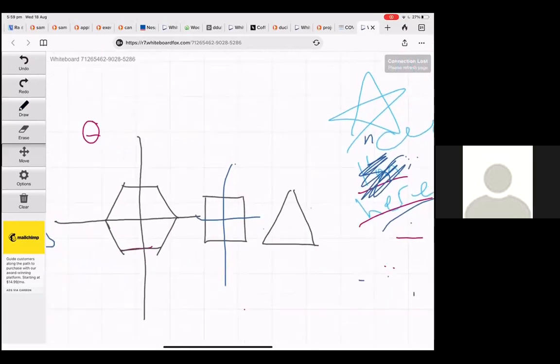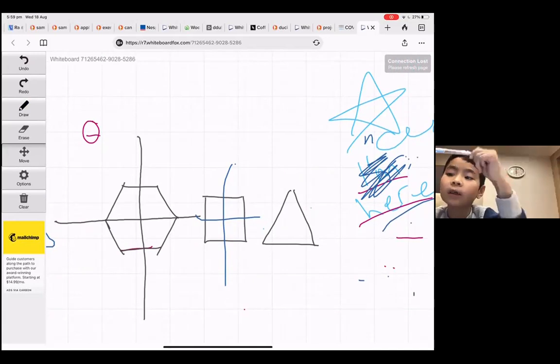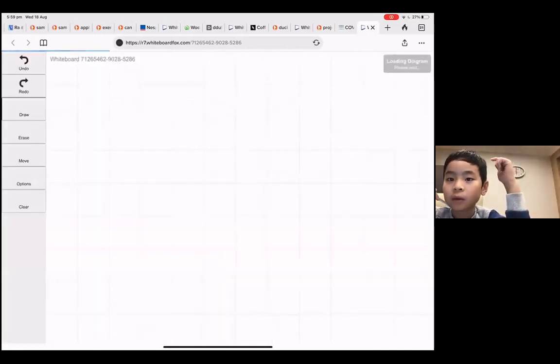Okay, so someone drew a cross on the square, but I'm not going to count those lines as different lines of symmetry because a cross still could be one if you had the right shape.